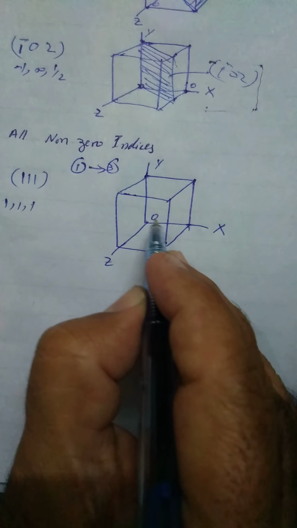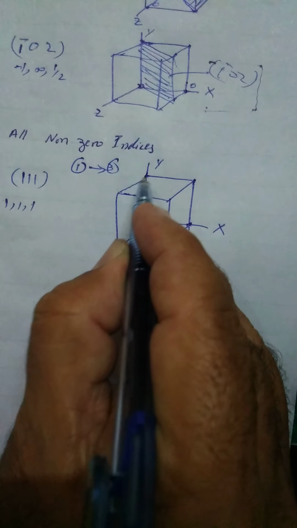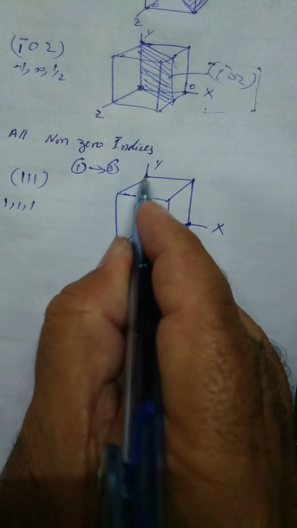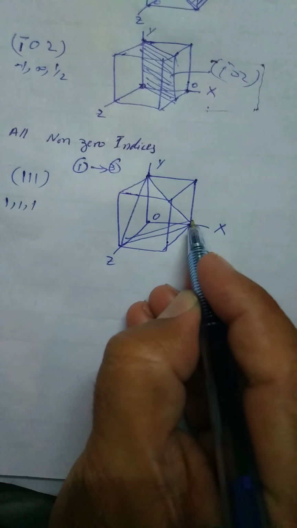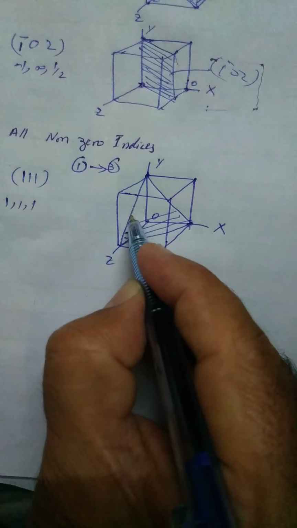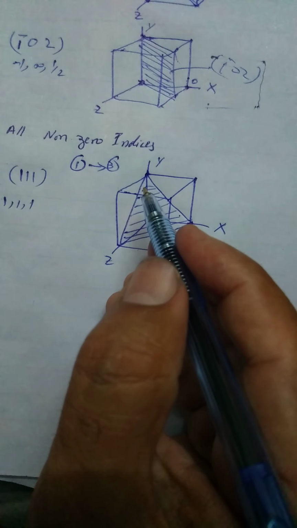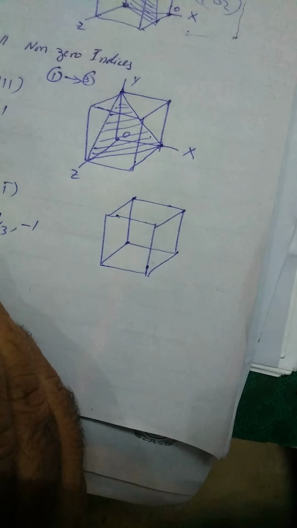Then the points by taking this origin are this one point, this one point, and this one point. By connecting these 3 points, we will find the 1 1 1 plane, which is this one, and this is very convenient: only one origin and 3 intercepts, and the plane will be drawn.